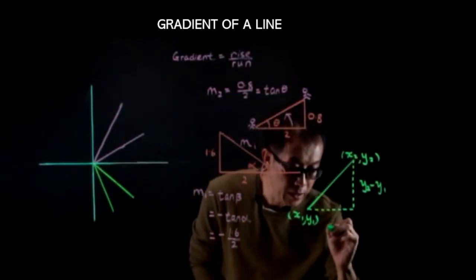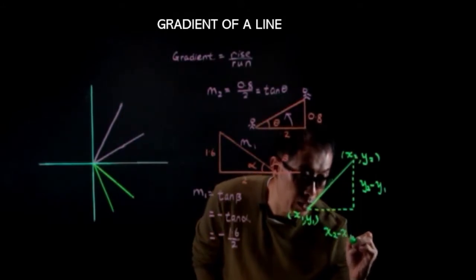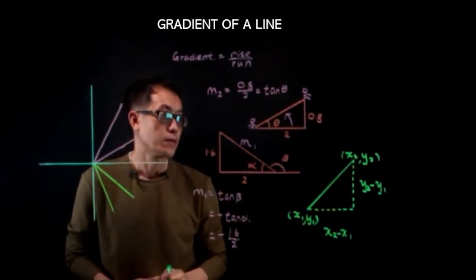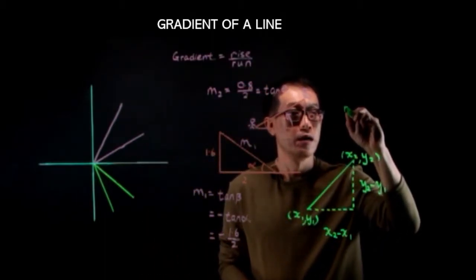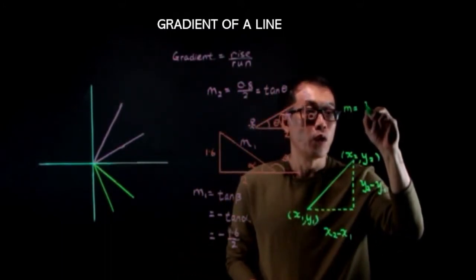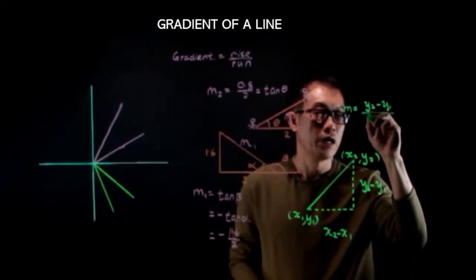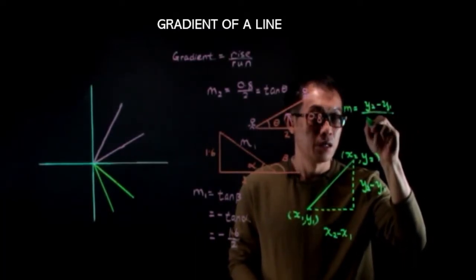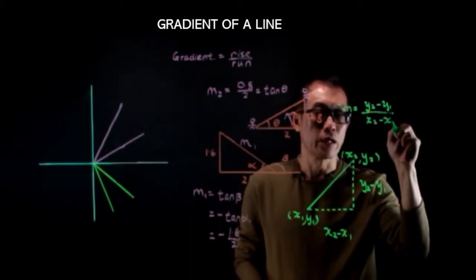Then the run will be x2 minus x1. So your gradient here will be your rise over your run, so y2 minus y1 over x2 minus x1.